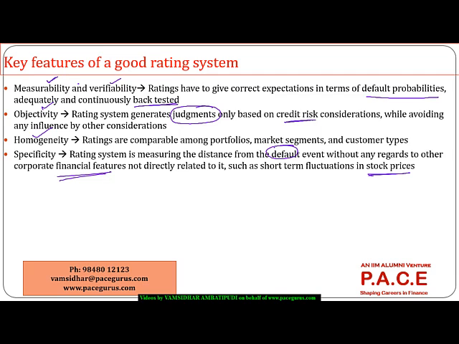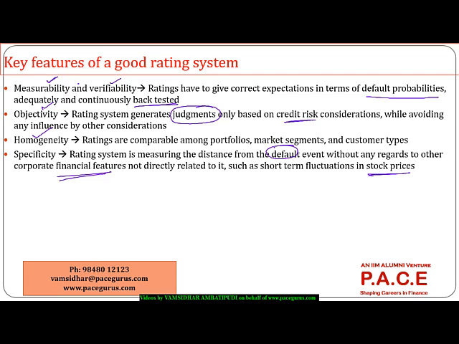So it's not that because the stock prices are falling, the firm is going more and more into default. Even if the firm is going into default, both the chances of risk are going higher, and even the stock prices will fall. But one is not a determinant of the other. So it has to be very clear while giving the rating.